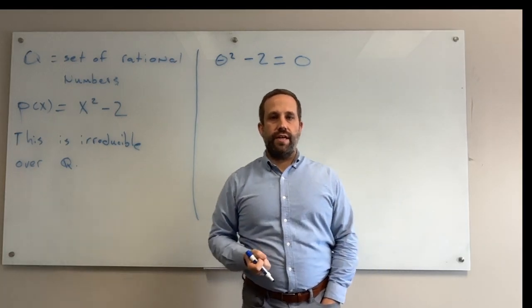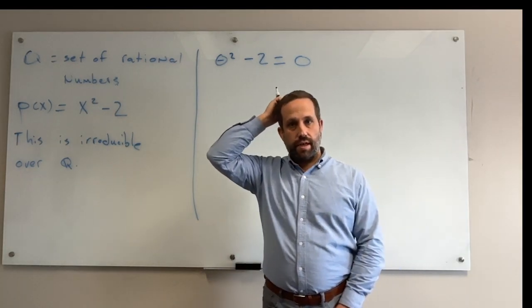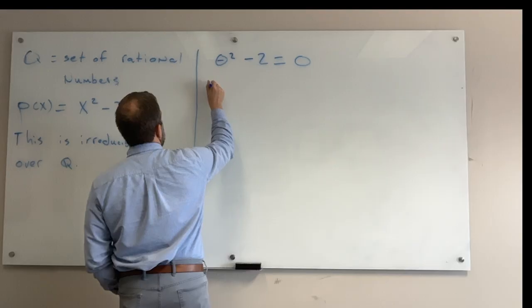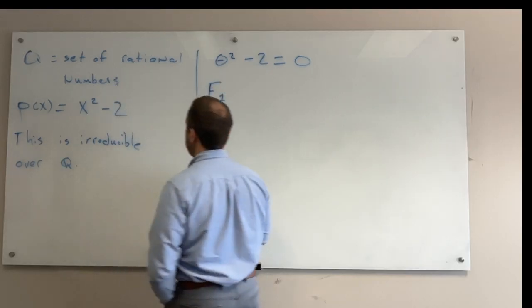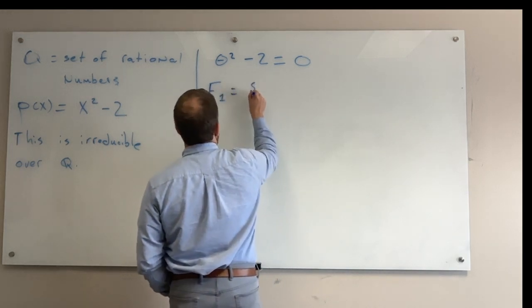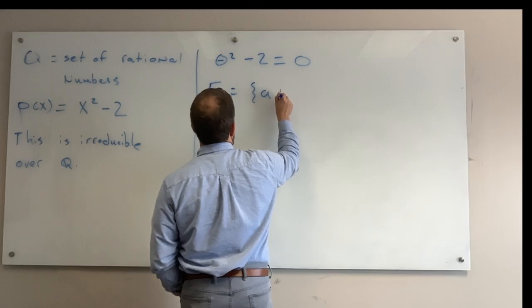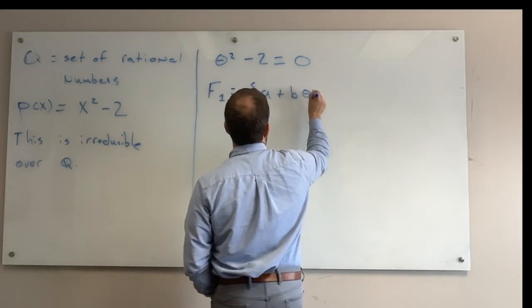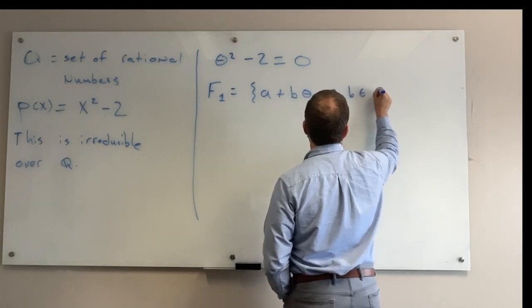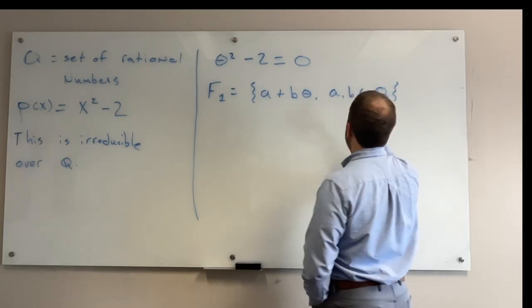Now I'm going to extend this field. My new field, which for now I'm going to call F1, and I'll give it another name in just a second, is going to be all elements of the form A plus B theta for A and B in Q.